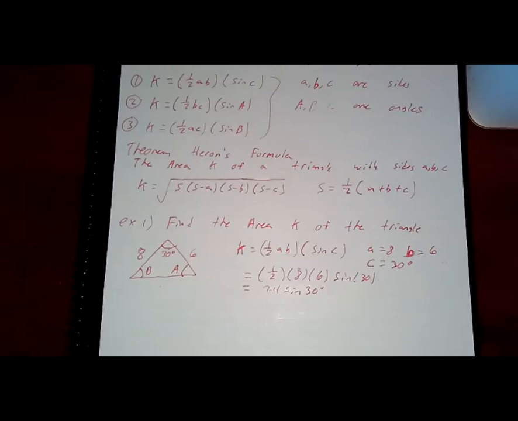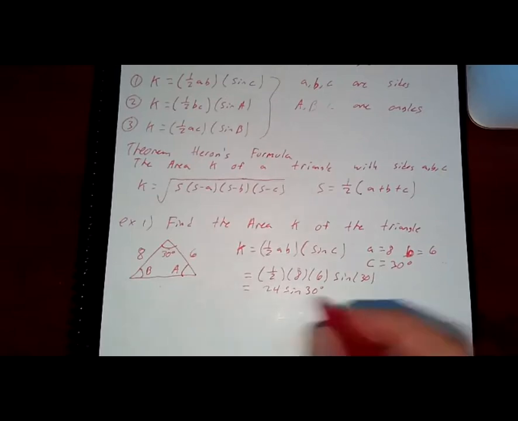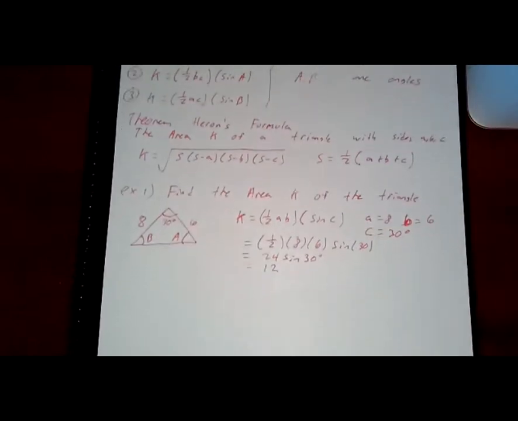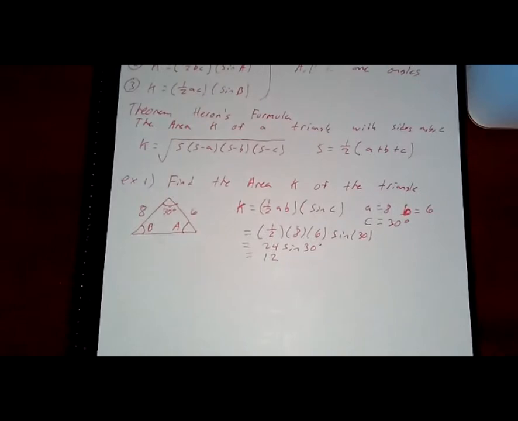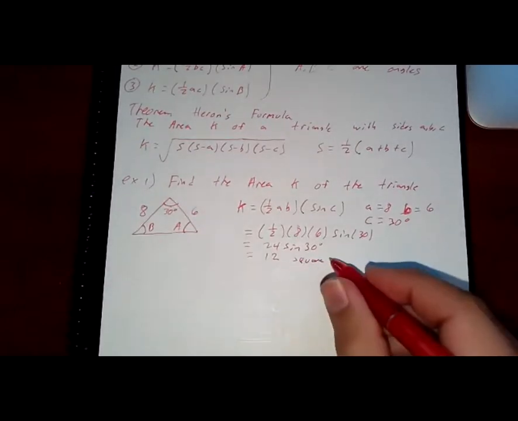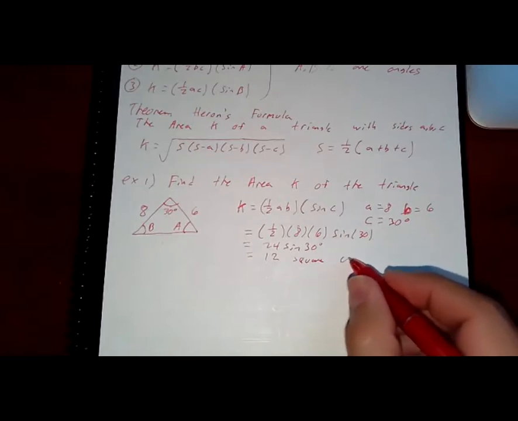Well, I guess sine 30 is 1/2, so whatever. So the area would be 12. They didn't give us any units, so we'll just say squared units, or square units is fine.